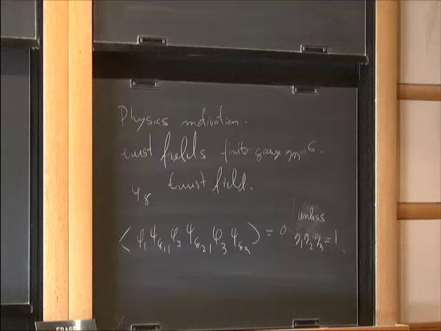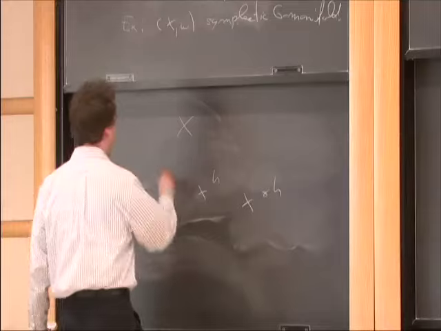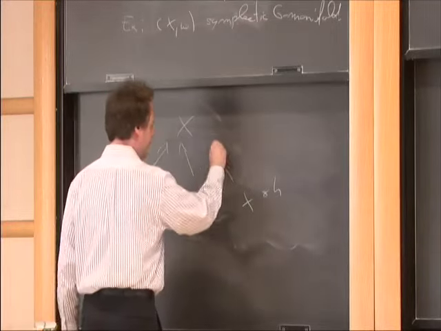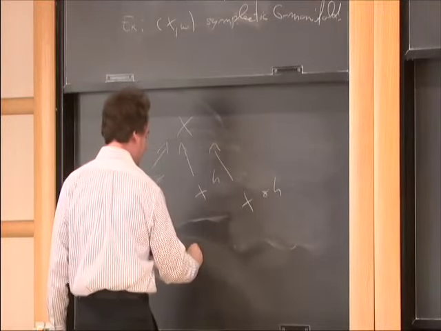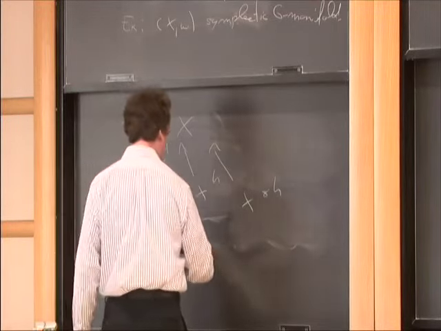So maybe I'll put this here. And if you think about it, what happens is, you have X and you have the fixed point sets, the 3 fixed point sets sitting in here. And they all sit in here. And you could look at the common fixed point set, so X^⟨g,h⟩.